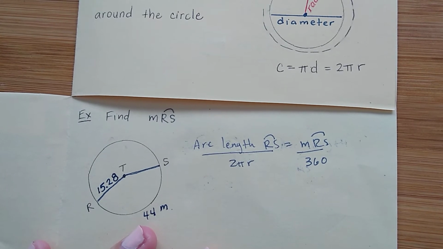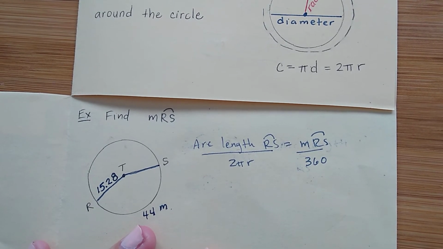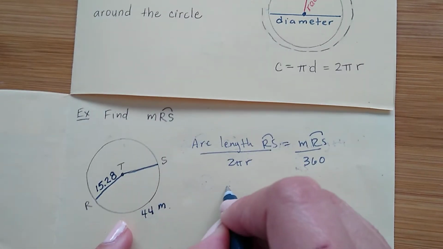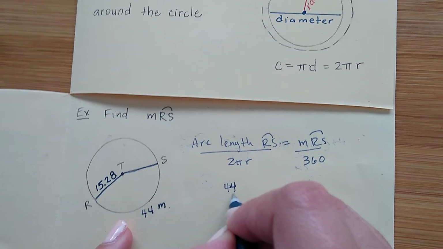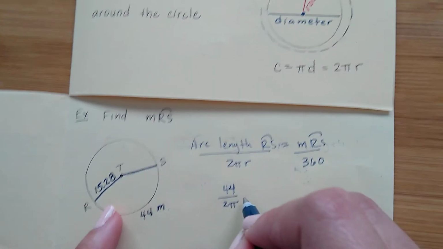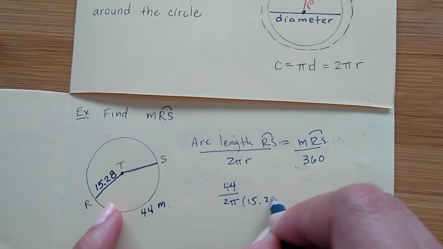And now we're going to plug in what we know. For the arc length of RS, that is our 44. So I'm going to do 44 equals the measurement of arc RS over 360 times 2 pi r. The radius in this case is 15.28.